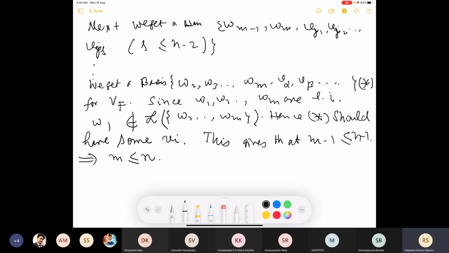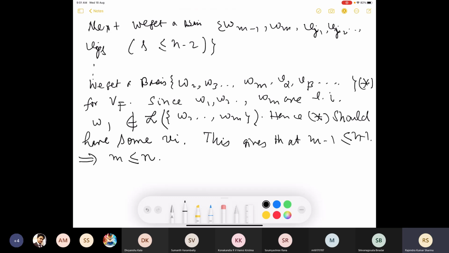That means the number of linearly independent vectors in a finite dimensional vector space V over F, if a basis has n number of elements, will be at most n.